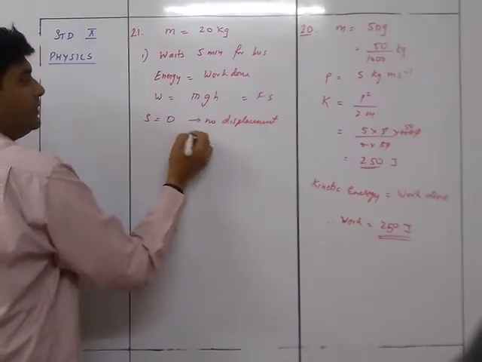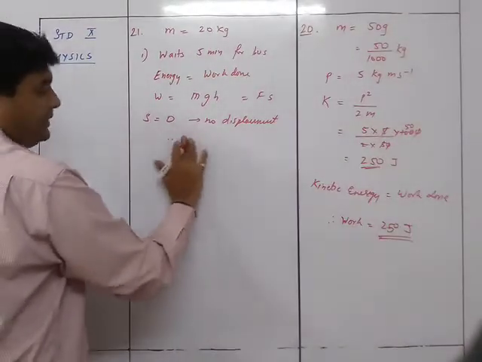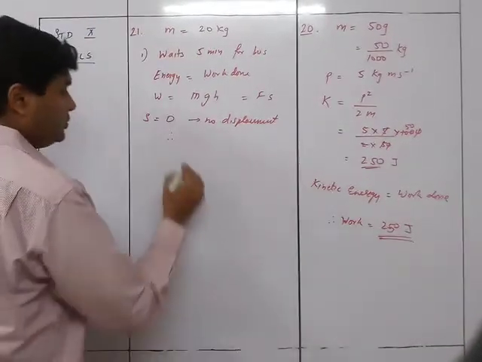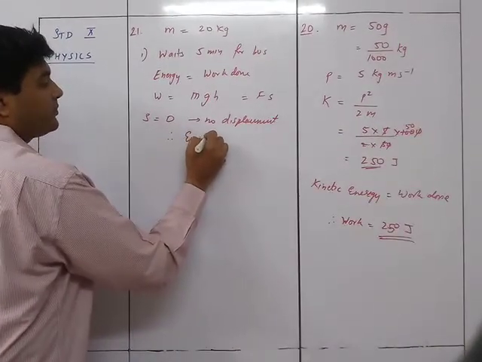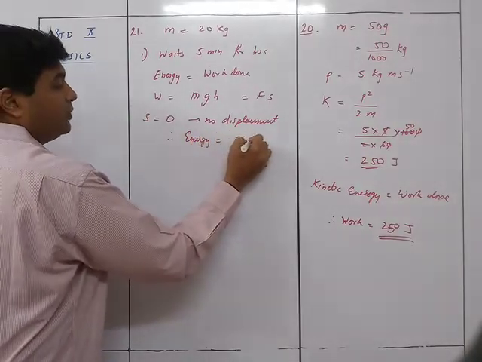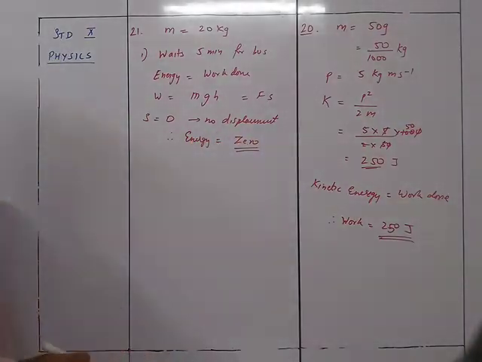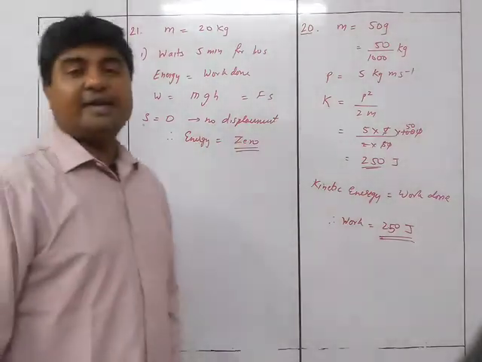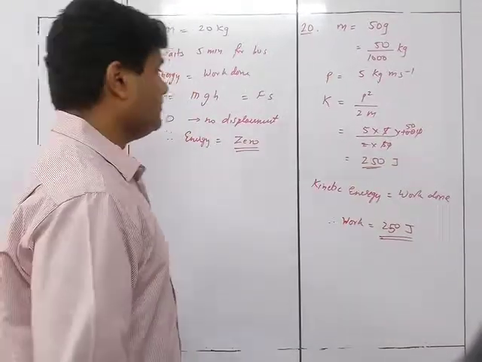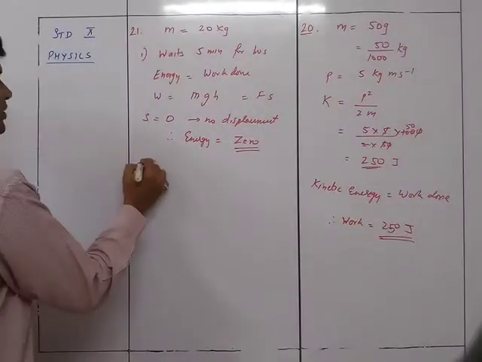Therefore, energy is equals to 0. Because the displacement is 0, the energy will be 0. So that is the first part of this particular thing, that will be 0.